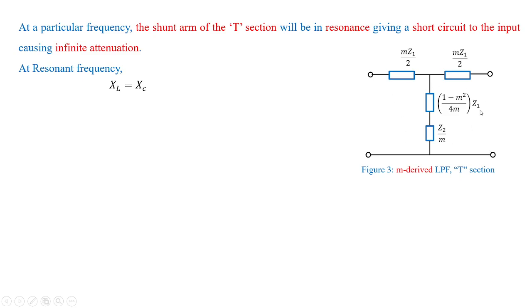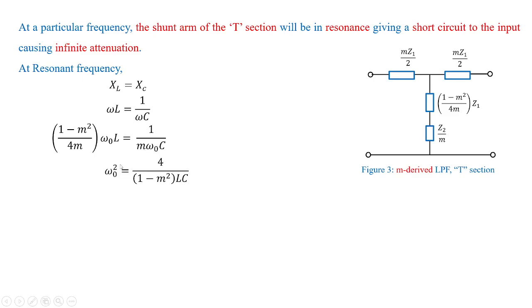At the central limb, we have taken the values of Z1 and Z2 as omega L and omega C. So omega L is equal to 1 by omega C at resonance, and that's why we are replacing omega by omega naught. We have taken the value of the arm as (1 minus m square) by 4m on the left side. On the right side, we have taken the value as 1 by m omega naught C. So you have to take omega naught into account.